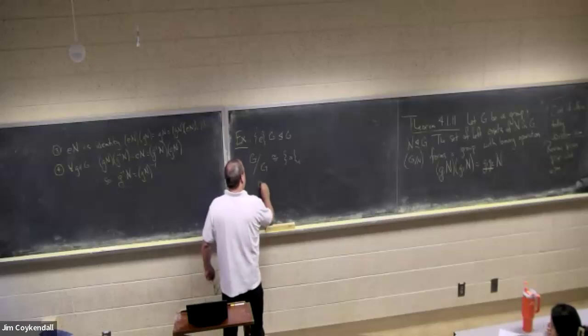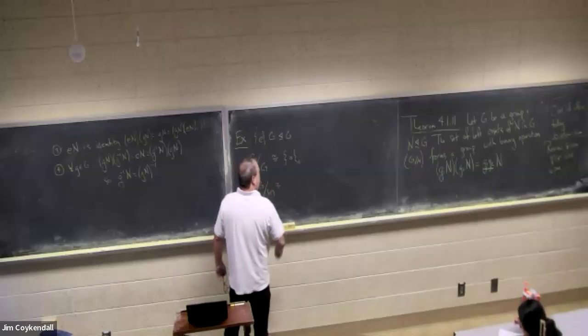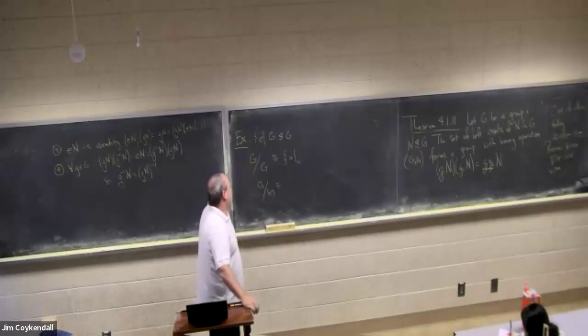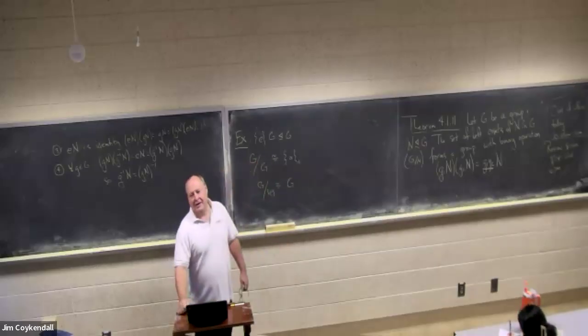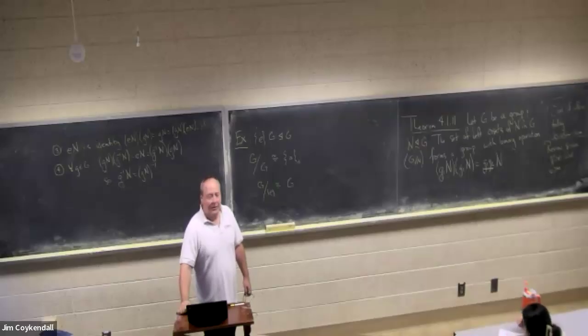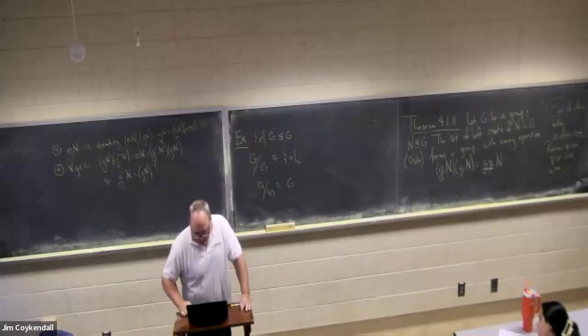Oh, this one. Very good. G mod the silly identity is just G itself, because all the cosets are spread out into the separate elements, and it's fairly easy to see with the same group structure.